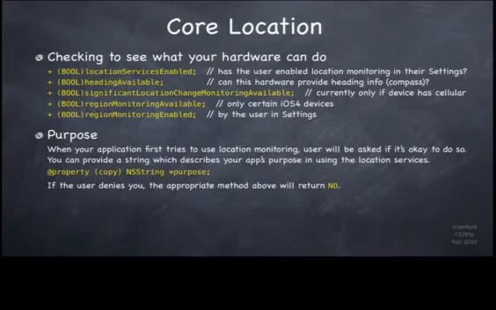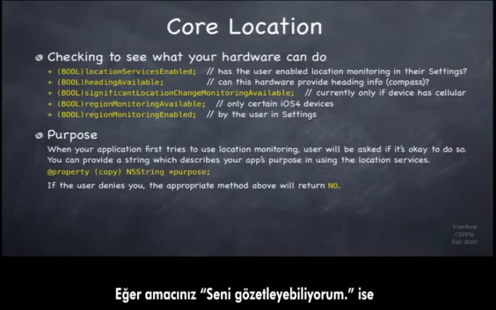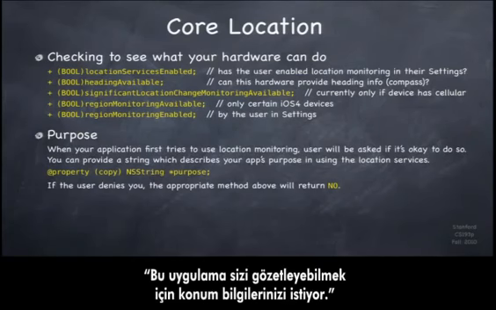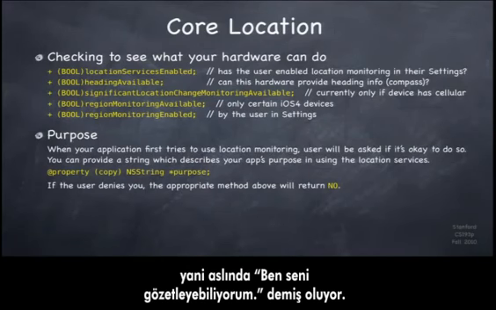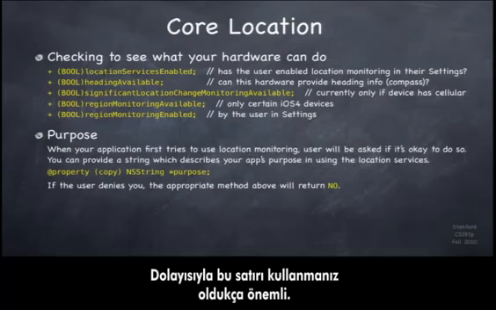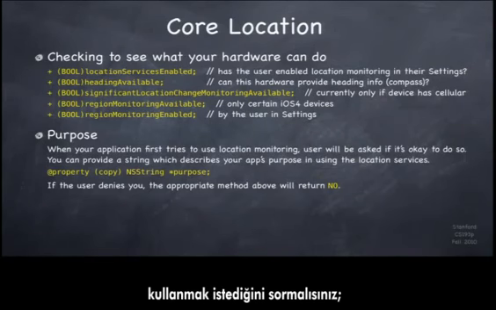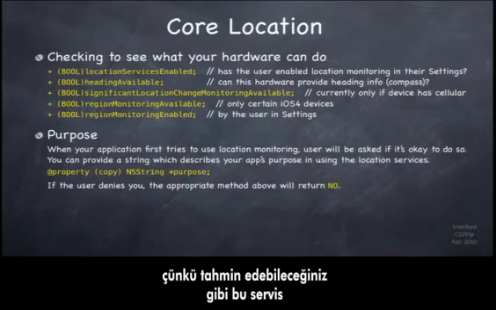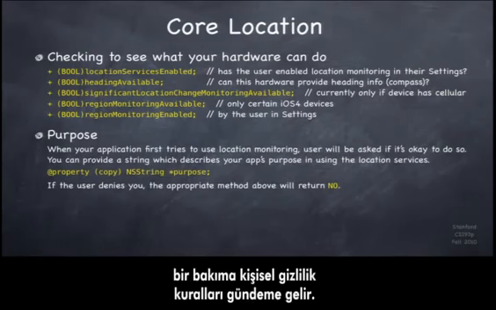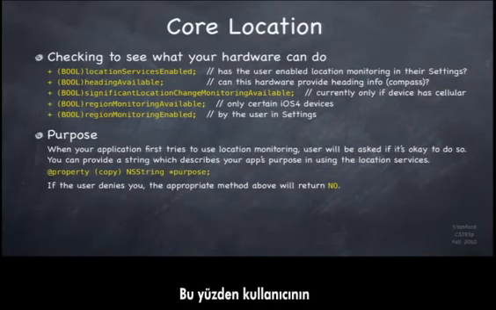So if you say the purpose is so I can spy on you, the alert will come up and say, this app wants to use your location so I can spy on you. So it's important to put something sensible in there, describing to the user why you want to use these location services, because as you can imagine, having your app know where someone is is a bit of a privacy thing, so the user has to explicitly say yes.